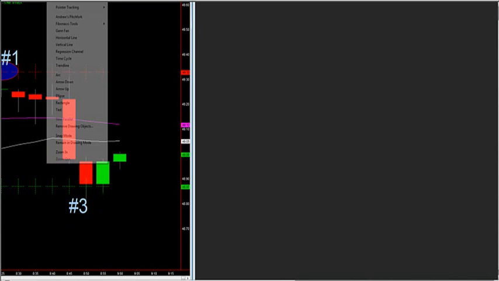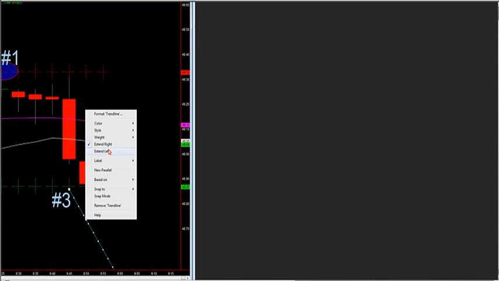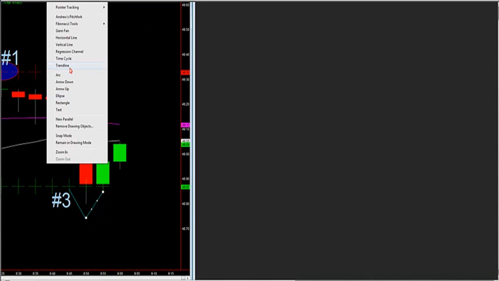Remember yesterday? Here's what it's got to look like. You got to break. You got to retest. Break, retest, and you go short when it comes within 2 or 3 ticks, okay?